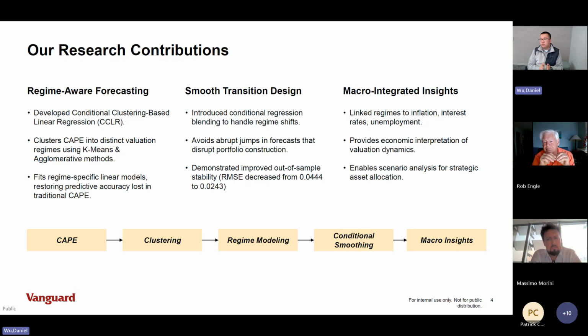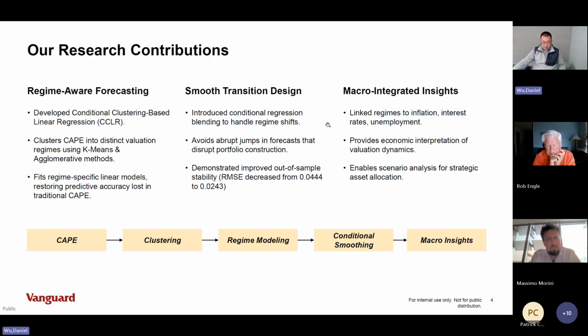Before, we got a single beta; now we get multiple betas. And in each regime, when we determine the beta, does it have any meaningful economic interpretation? So those are three steps: CLR, clustering-based linear regression, how to smooth it, and how to connect it to economics.